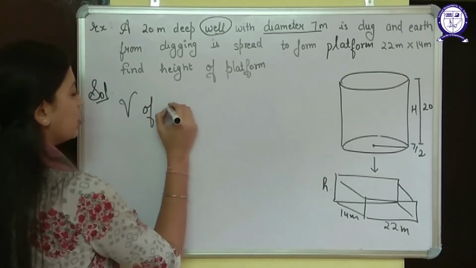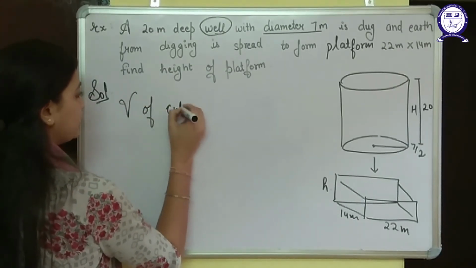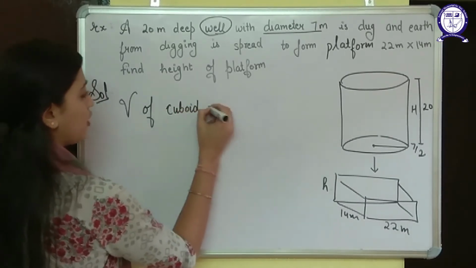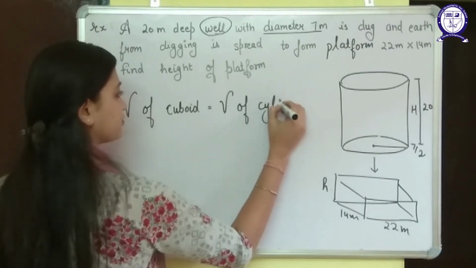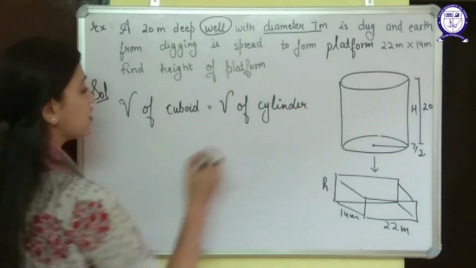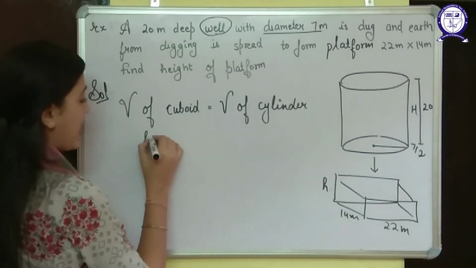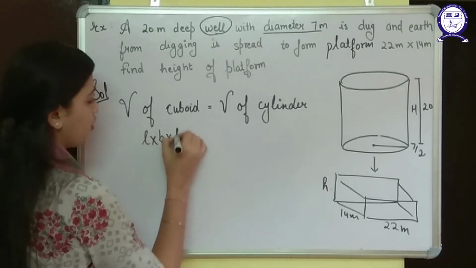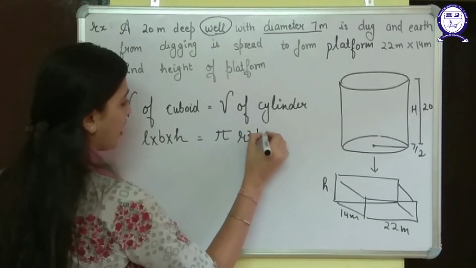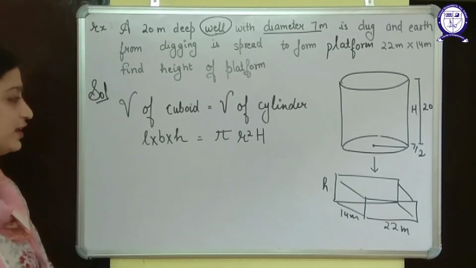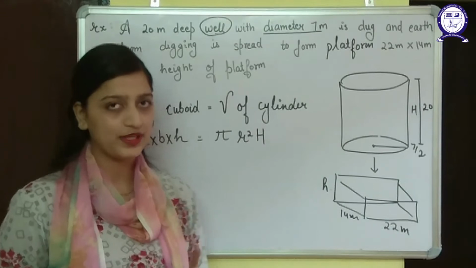Volume of cuboid will be equal to volume of cylinder. Okay. Now what is the volume of cuboid? L into B into H. And this will be my pi r square H. Okay. Here it is small h and here it is capital H.